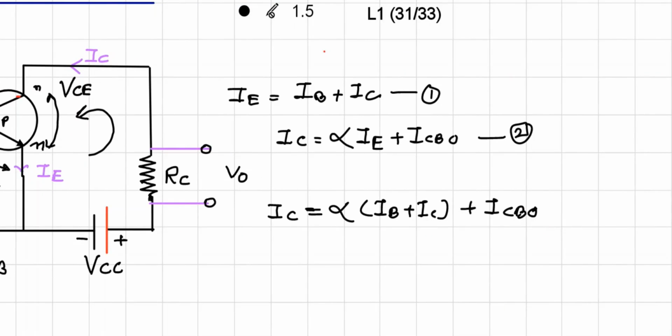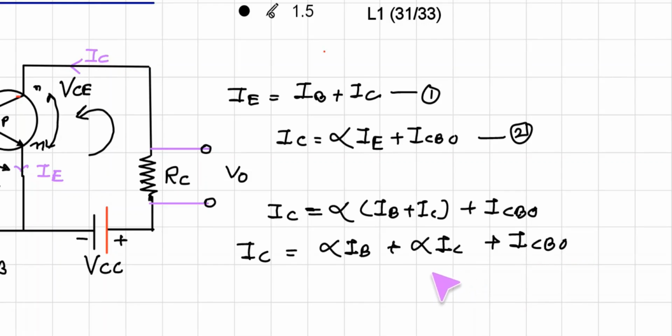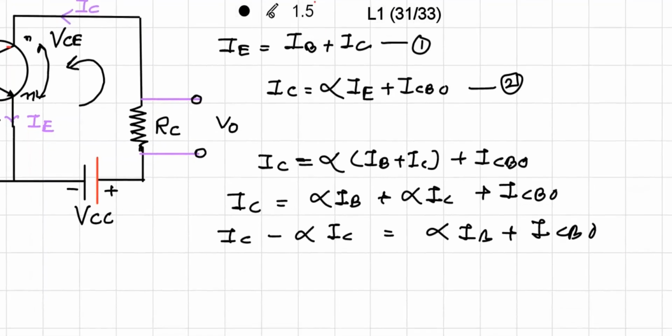So here, therefore, we can write IC is equal to alpha IB plus alpha times IC plus ICBO. So here we are transferring this term to the left, we get IC minus alpha times IC is equal to alpha IB plus ICBO.